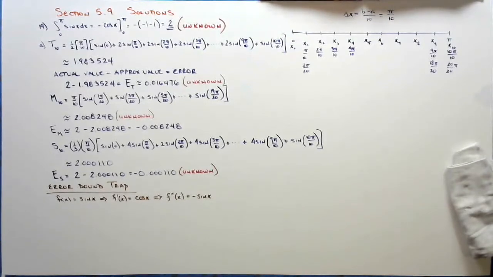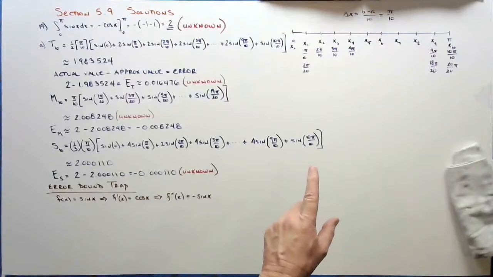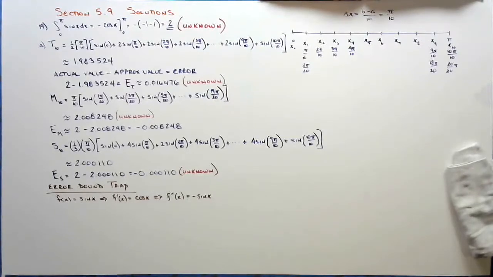Now, we need to find a bound on this, on the values between 0 and pi, because we need to bound the second derivative. That's our k, right, in the formula. That's our value of k, and that k has to be true between a and b.